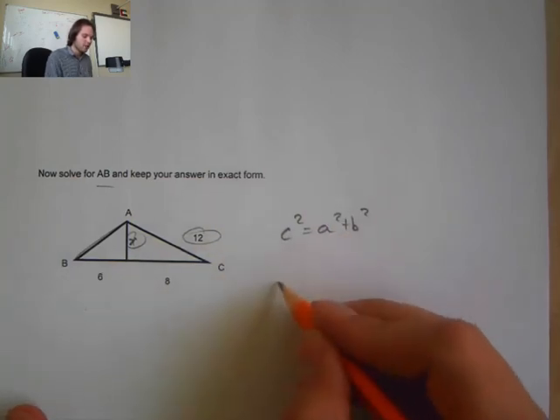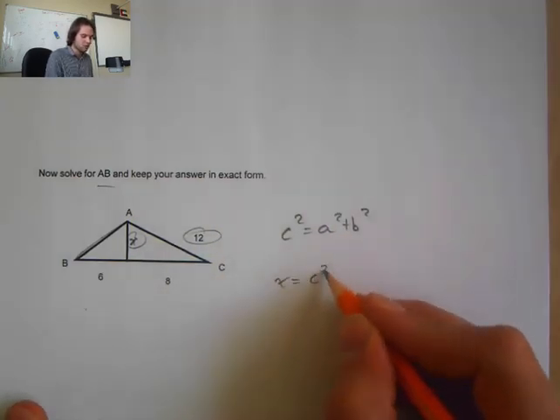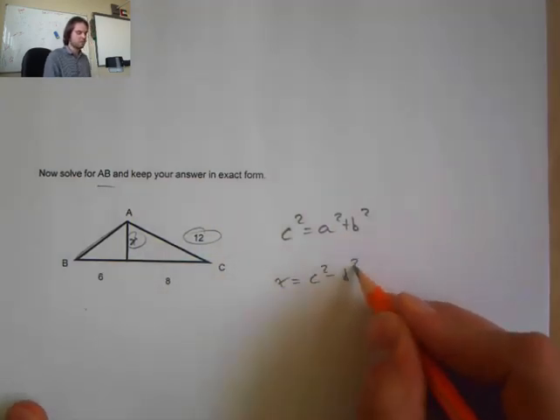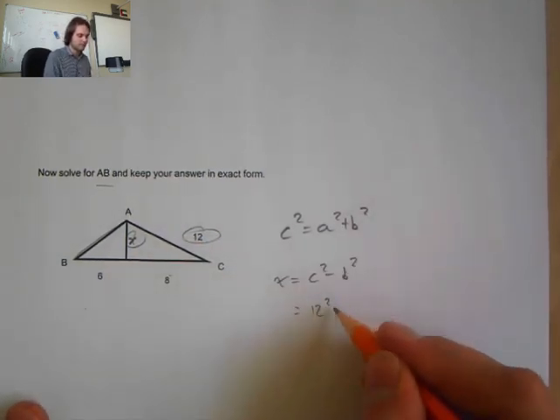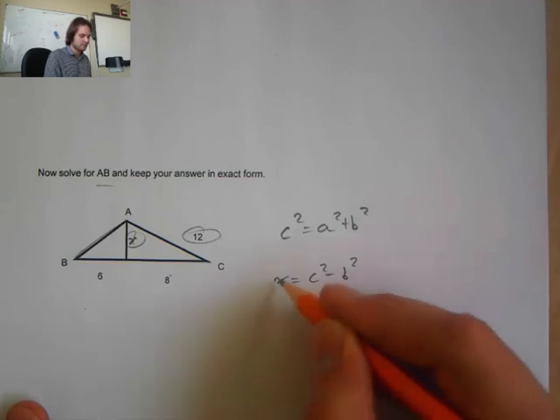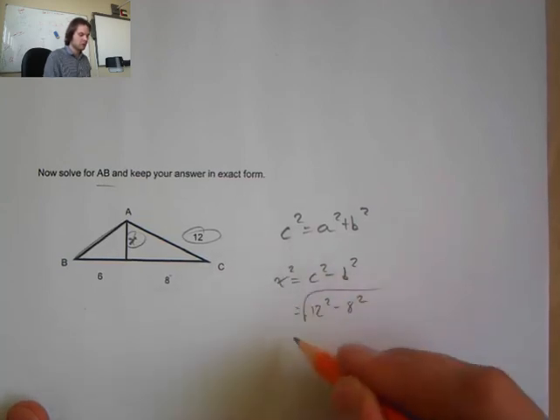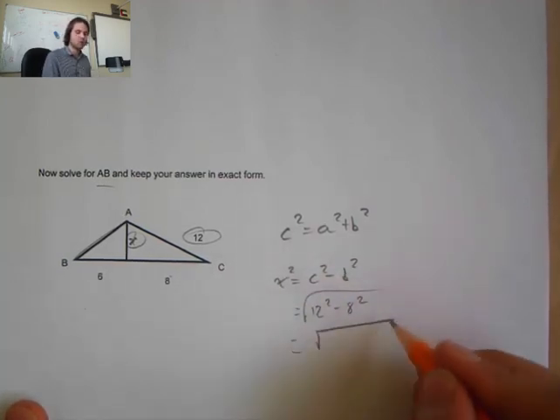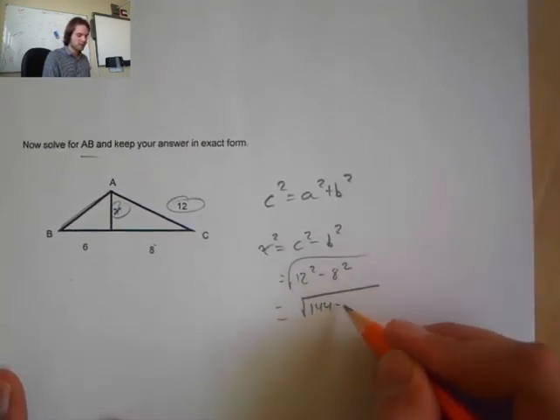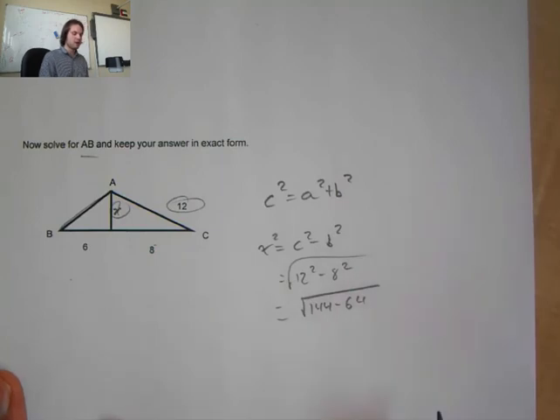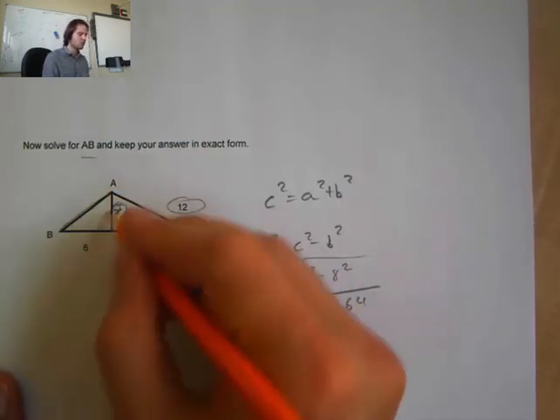So I'm going to have x is equal to the square root of c squared minus b squared. Okay? So I'm going to have 12 squared minus 8 squared, and I square root that. So that's going to give me the square root of 144 minus 64. Okay? And we continue that. That's going to give me square root of 80. So this is square root of 80.